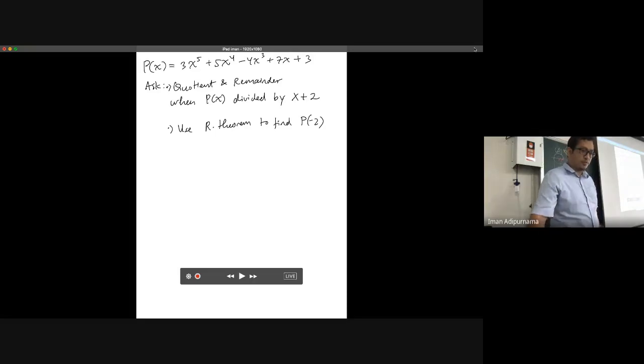But when you plug in negative 2, it makes 0, so it is better if we find the whole division by x plus 2, find our own remainder, and that remainder will be the same as this value.